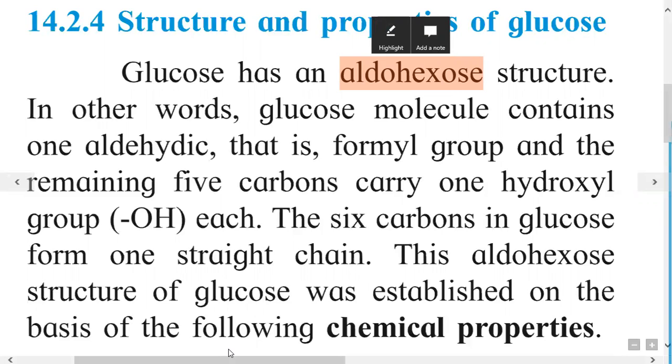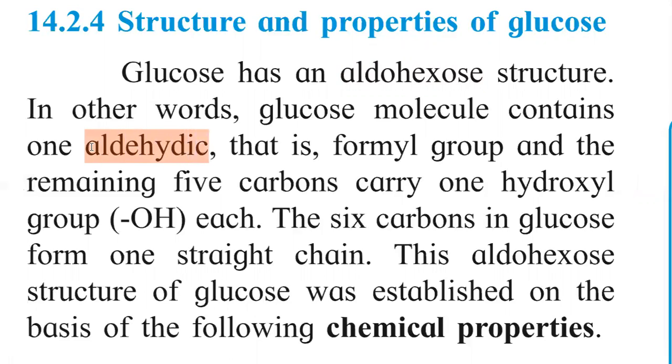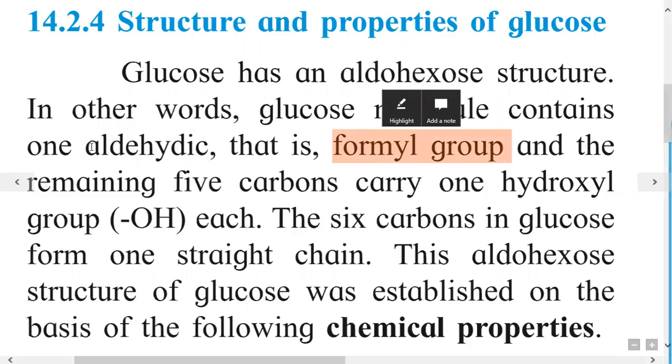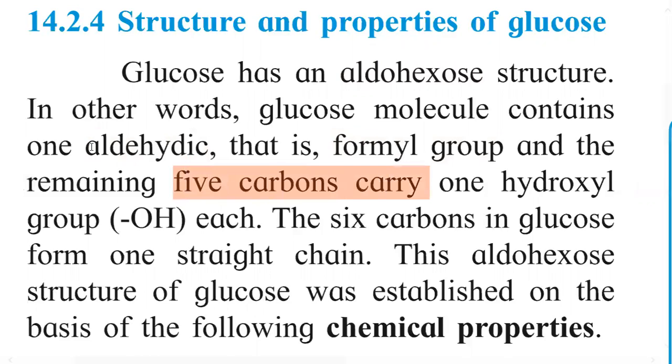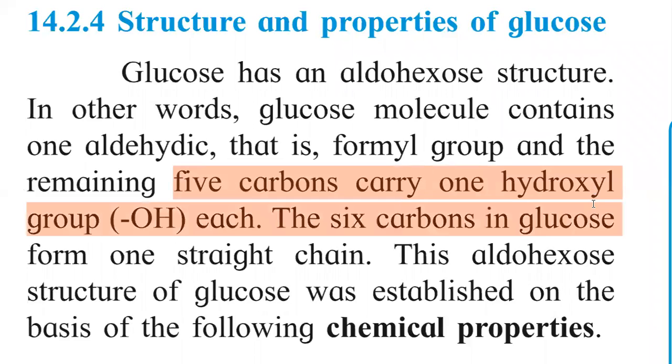In other words, the glucose molecule contains an aldehydic group. That aldehydic group is also called a formyl group, and the remaining 5 carbon atoms contain one hydroxyl group each, and the 6 carbon atoms in glucose form a straight chain.